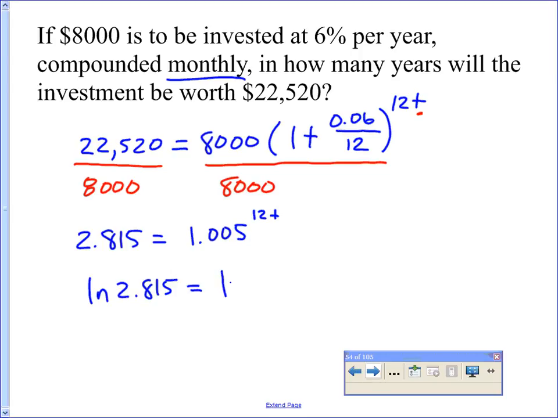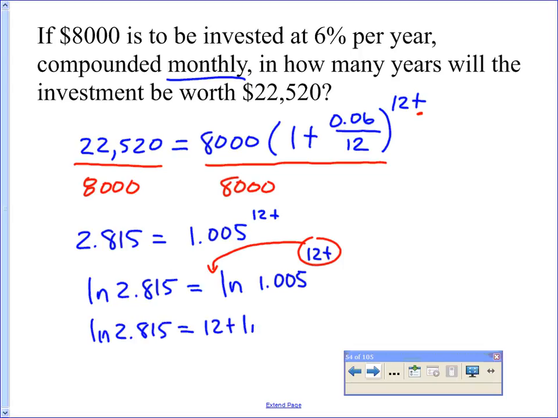And the reason I'm doing that is because I have a variable as an exponent that I need to solve for. And you'll notice that by doing this, it allows me to take this and move it here, which is no longer an exponent, and that was the goal. So now I have the natural log of 2.815 is equal to 12t times the natural log of 1.005.